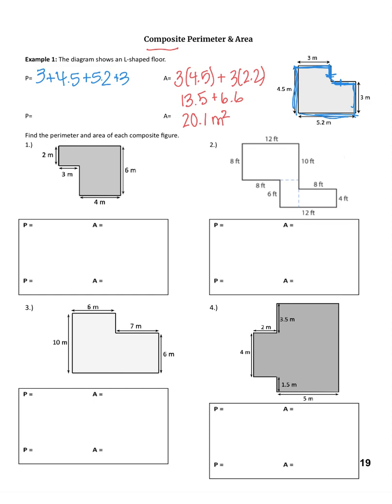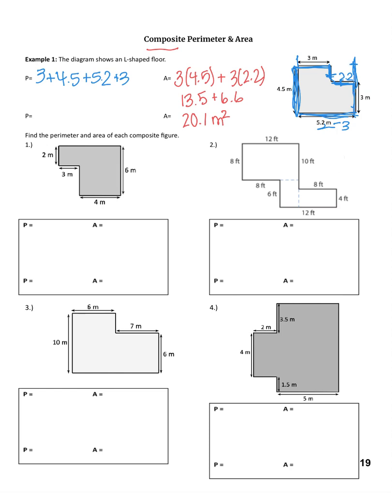How long is this side? If you remember, when we found the area, we realized that this is the same distance as this. So out of this 5.2, I subtract that 3 away, and this is also going to be 2.2 up here. I need to do the same thing with this side. This 4.5 meters is the same distance from here to here.